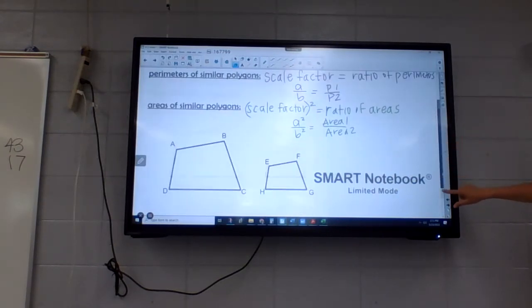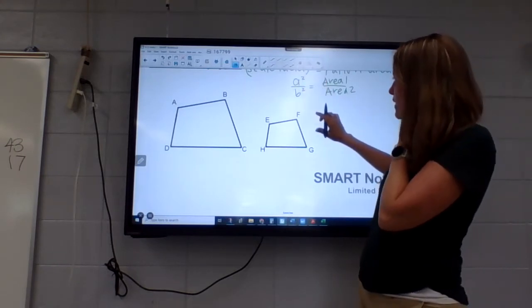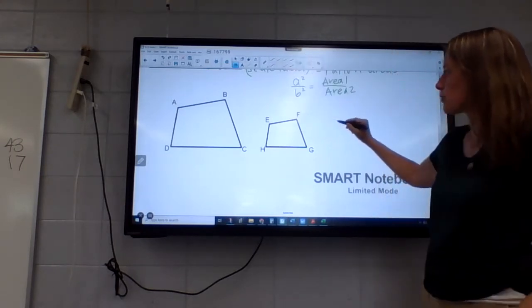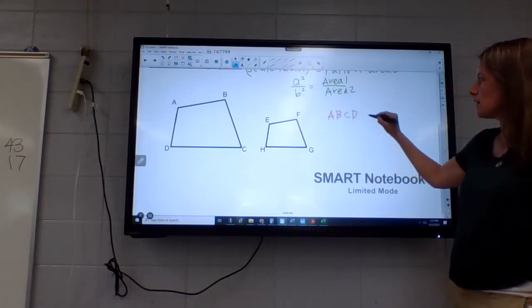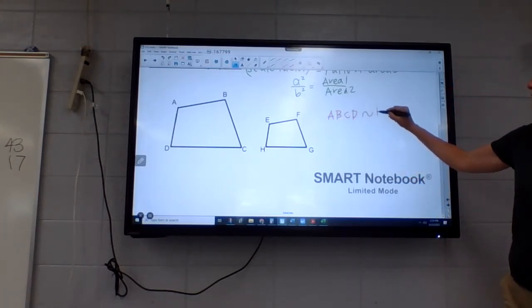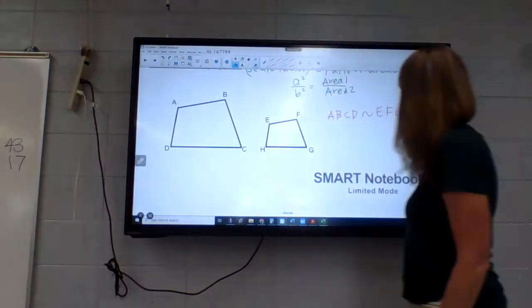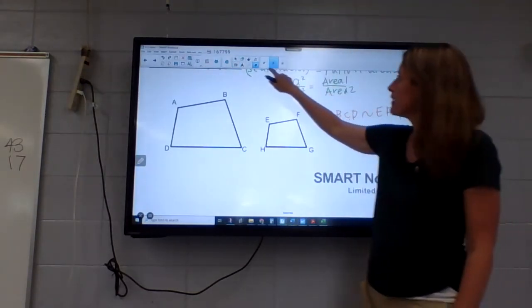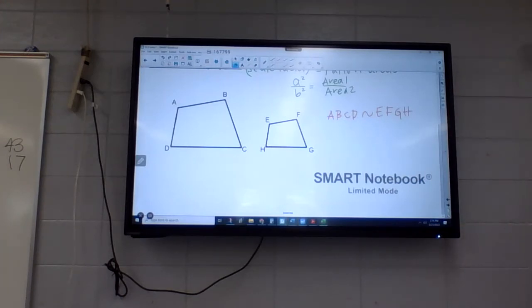So if I have this shape, these two polygons are similar. So we talked about similar polygons before. So ABCD is similar to EFGH. That's not an H, that's a G. The scale factor is basically comparing any of the two sides.